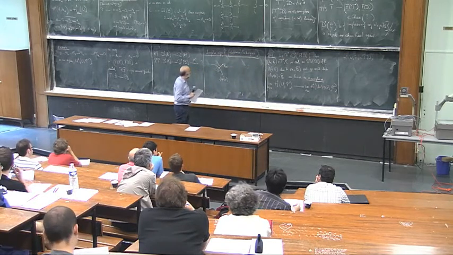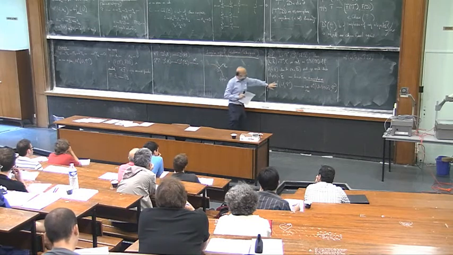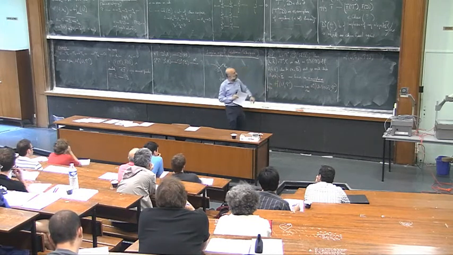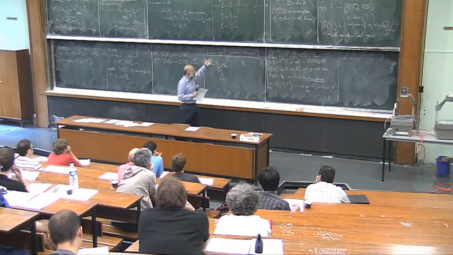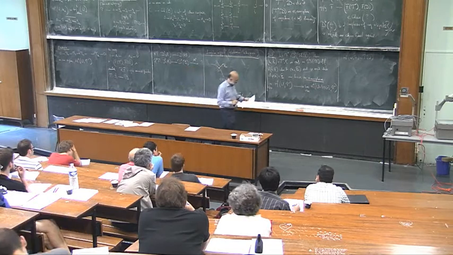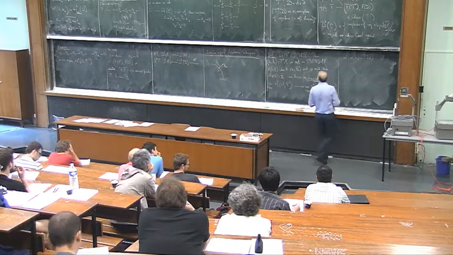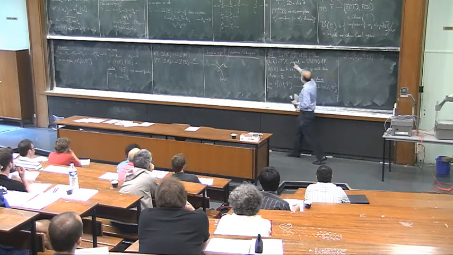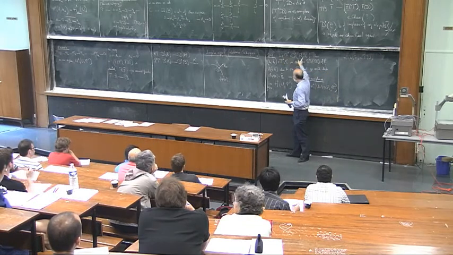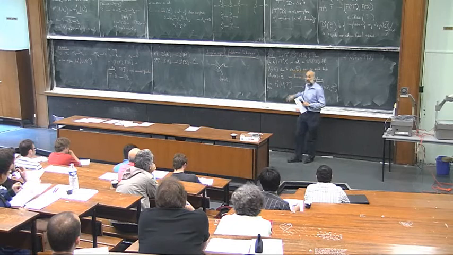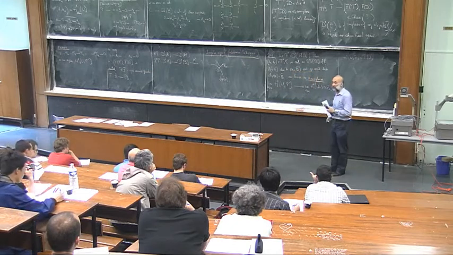Okay. So this is essentially the statement for the section of U, but suitably extended to make sense in this category. And the good news is also that it only depends on the class of F in here, because this object only depends on the class of F in the derived category.